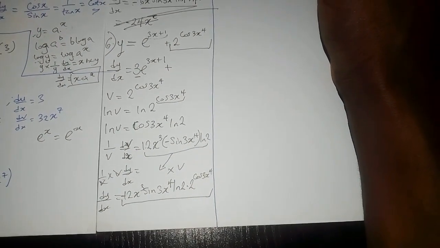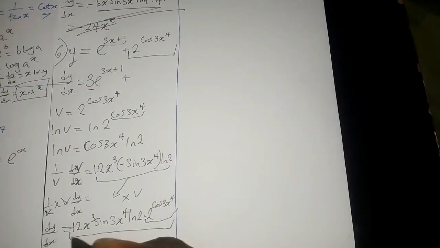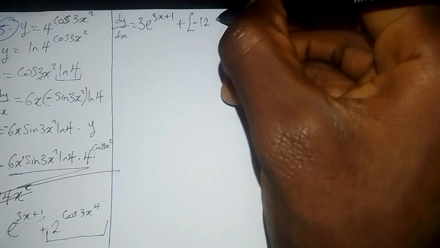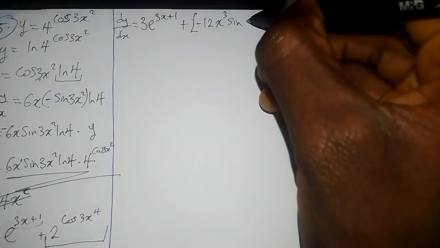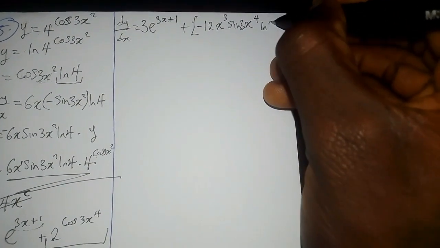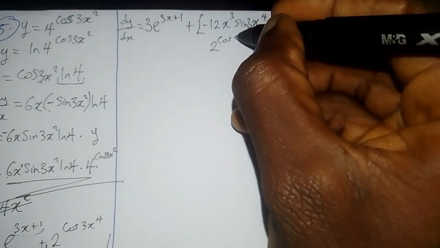This part can actually come to the back here. So I'm going to have plus, in brackets, minus 12x raised to power 3 sine 3x raised to power 4 ln 2 multiplied by 2 raised to power cos 3x raised to power 4. If you like, you can stop here, and if you like to simplify, you can still simplify further.